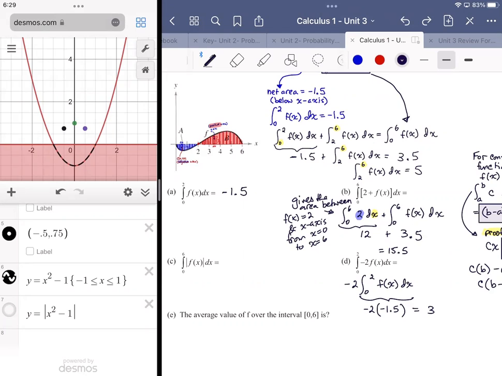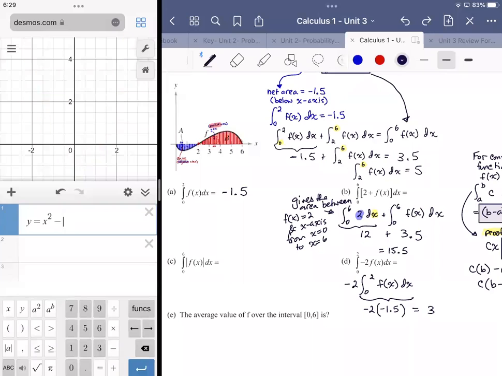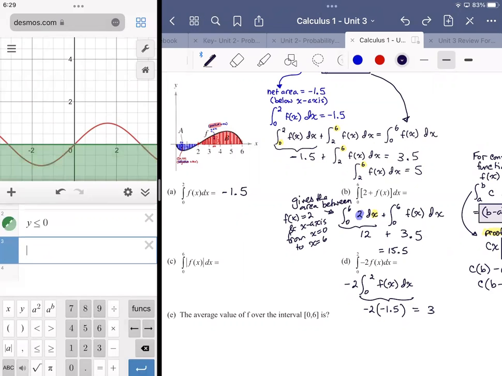You could really do the same thing with trig functions. Not so much, well, you could do it with exponential functions, but you need part of it to be below the x-axis. But I'll show you a quick trig example. Sine of x. So it's a sine function. The parts that are below the x-axis, so y less than or equal to 0, any part that's in the green here would have to get reflected up if I took the absolute value.